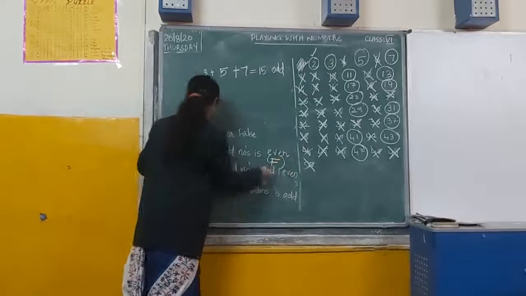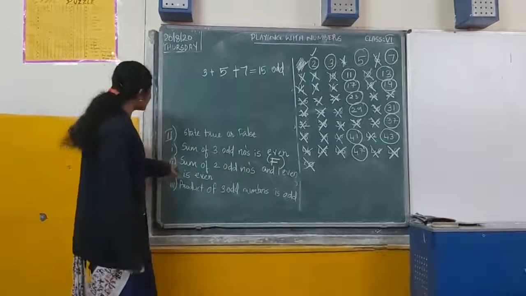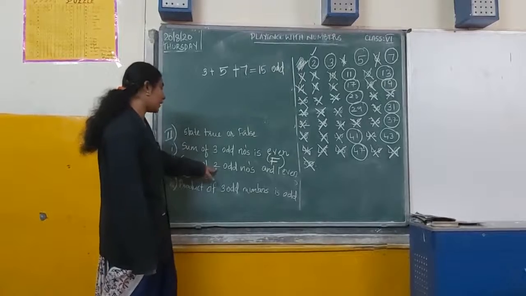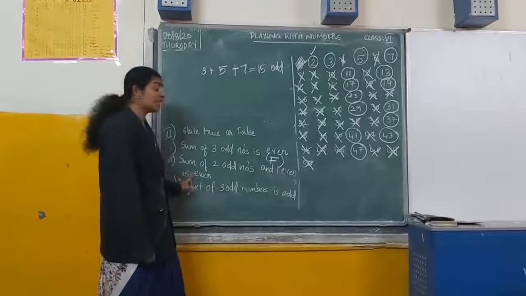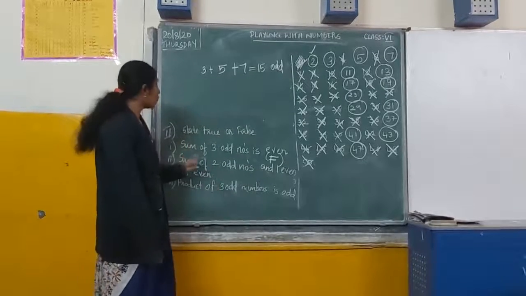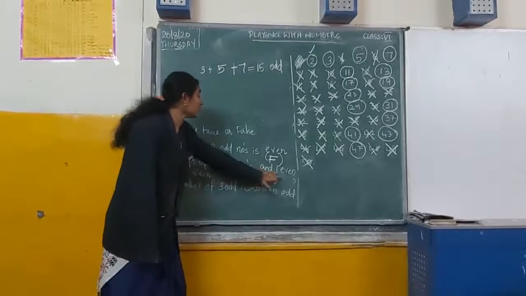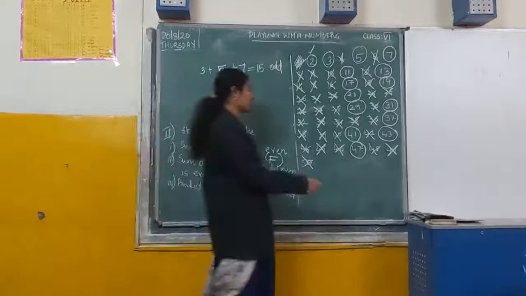Next, see the second question. Sum of two odd numbers and one even number is even.